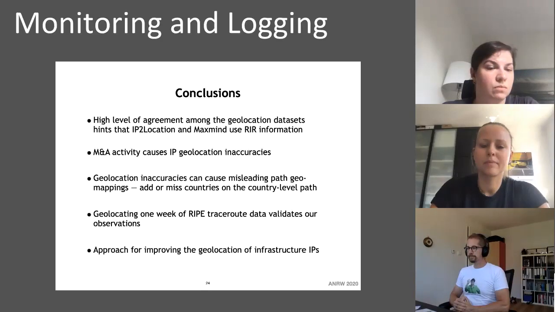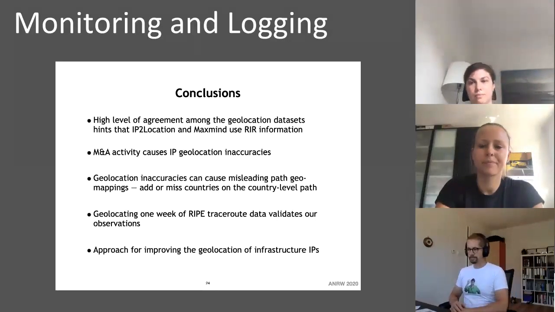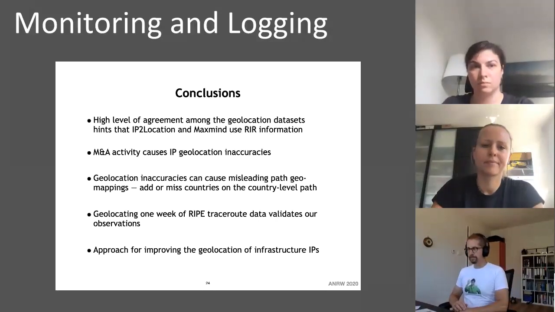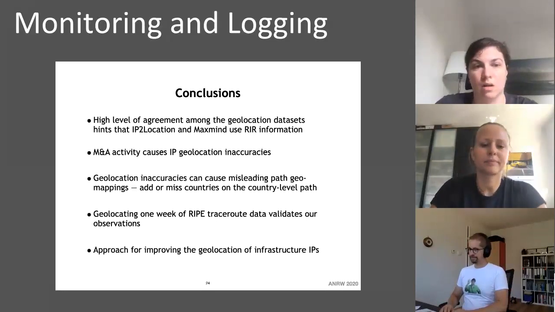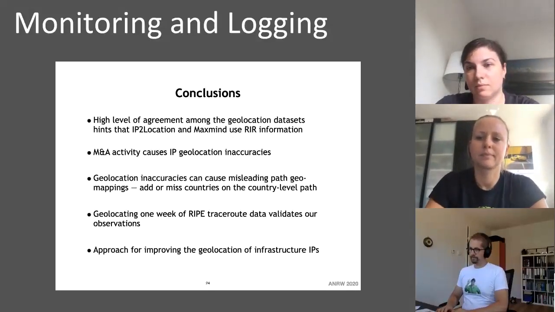We also find that geolocation datasets tend to wrongly map IPs that belong to ASs with global presence and IPs that change ownership due to merger and acquisition. We also find evidence that such IPs can falsely indicate path tromboning or path detours. Also, the geolocation databases appear to miss or add countries to the end-to-end path.